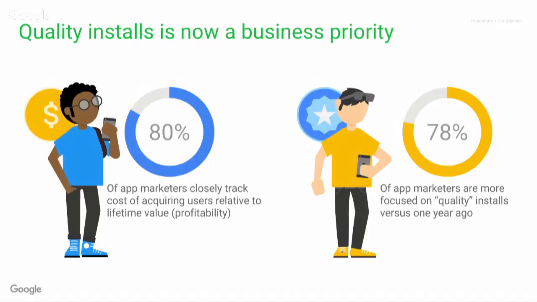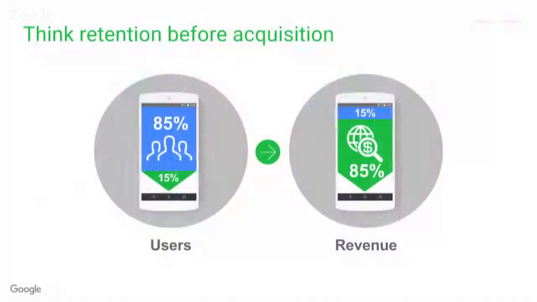We also know that 78% of app marketers are more focused on quality installs than they were a year ago. So this is a growing trend in the business, and as more and more apps are in the App Store, it's really incumbent on marketers to understand who their valuable customers are and feed that into their acquisition strategy. So let's talk a little bit about how you can do that.